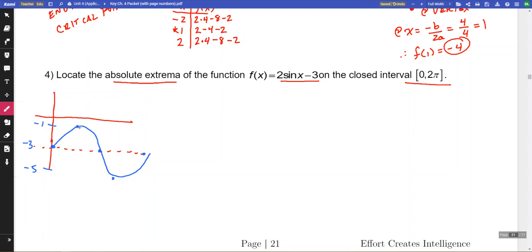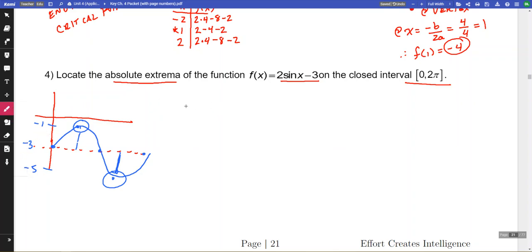I have an absolute extrema here, and I know that I have an absolute extrema, let's see if I can draw this, down here. Okay, so what does that tell me? It looks like my calculator is slowing down just a little bit, so we'll wrap this question up. So what do I know?